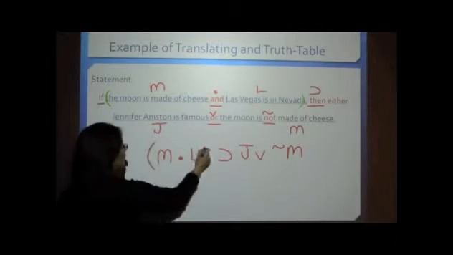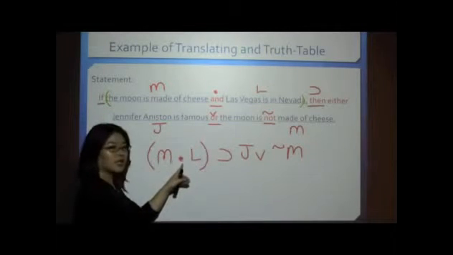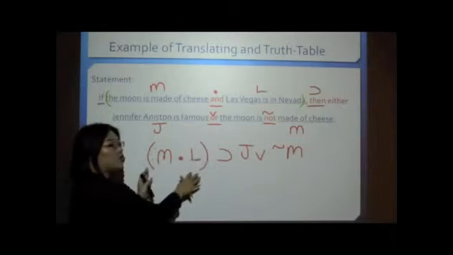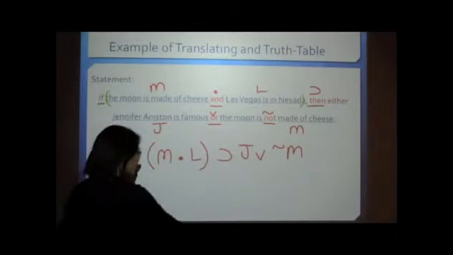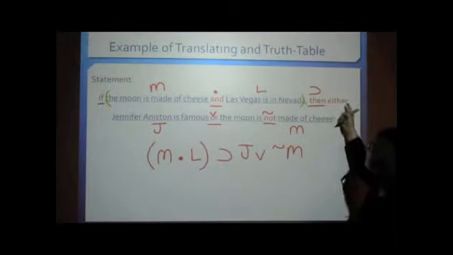So that tells us that these two components here, the M and the L, go together with the conjunction dot to make up one unit. Okay? Then we notice here that we have, after the then, an either.